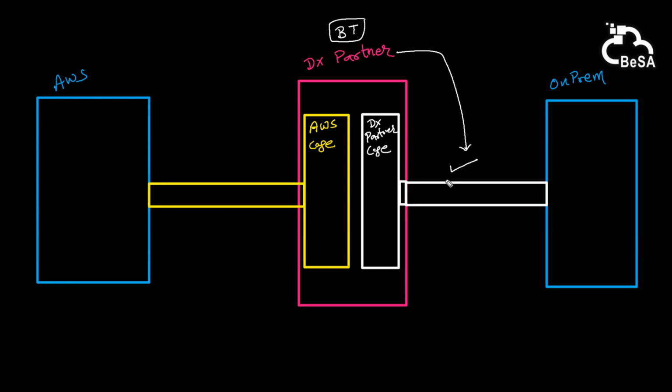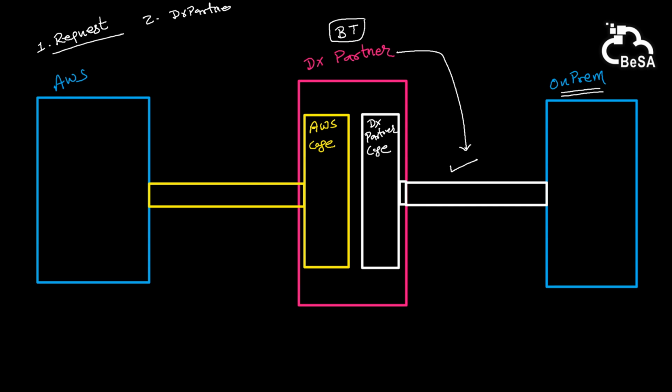Once this physically is sorted out, you would raise a request first to AWS. So how the process works: if you need a Direct Connect, you would raise a request to AWS and say, I want to connect to this physical location through this DX partner. AWS will inform that partner, and that partner will then communicate to you and establish the physical connectivity.